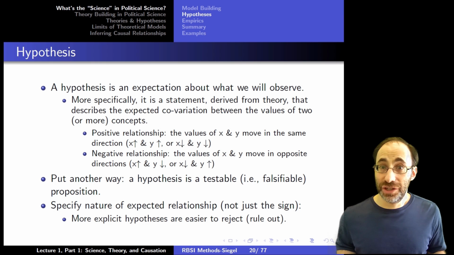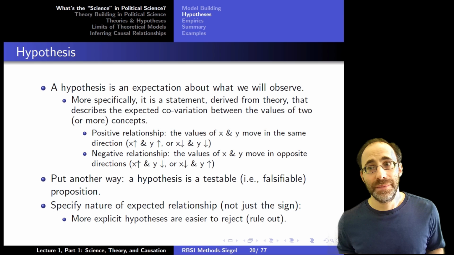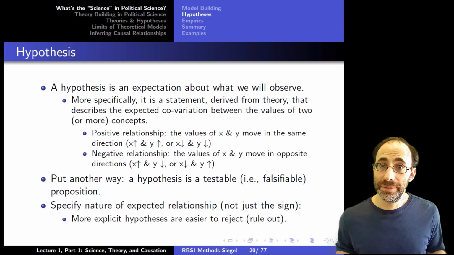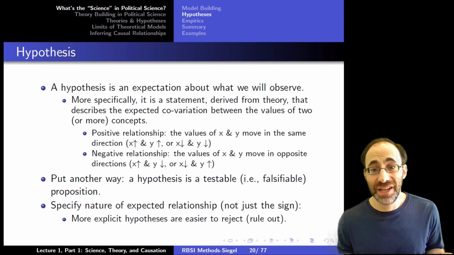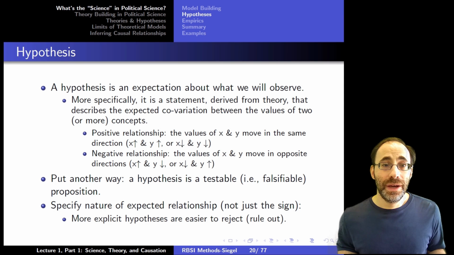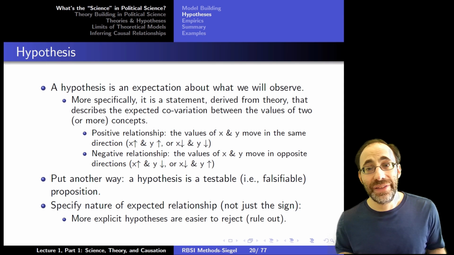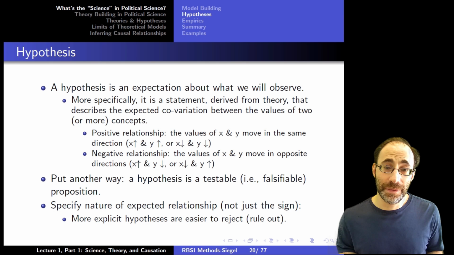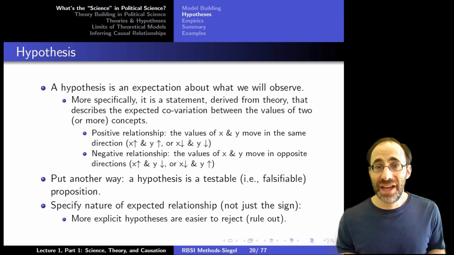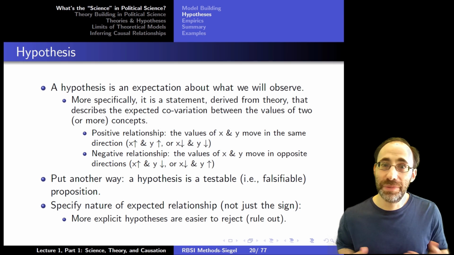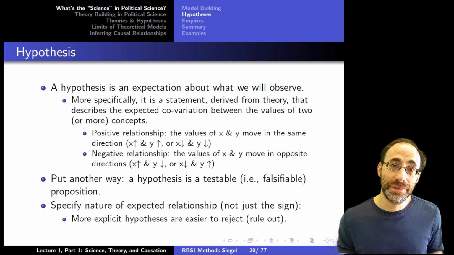However, if I have a vaguer hypothesis like x and y are correlated, right? That's still a hypothesis. I'm saying they change together, but I'm not really saying anything about how they change. That's much harder to falsify because the only thing that actually falsifies that is they have no relationship at all. So in general, more explicit hypotheses are easier to rule out and to reject.